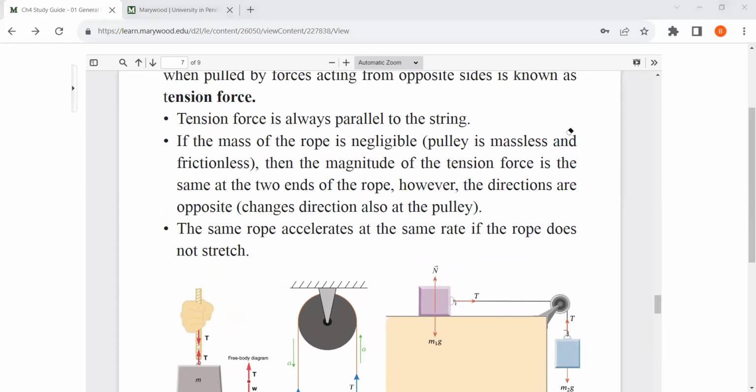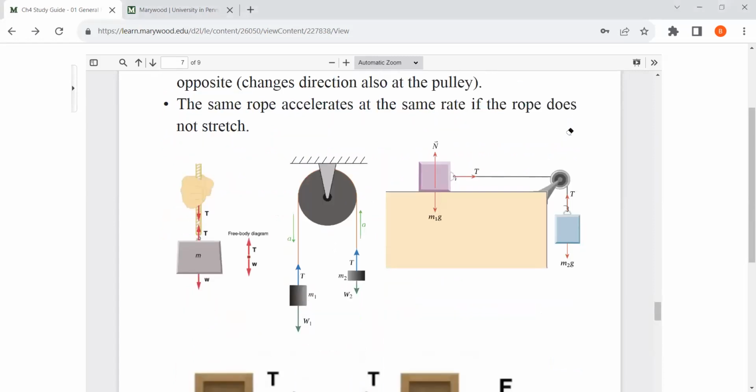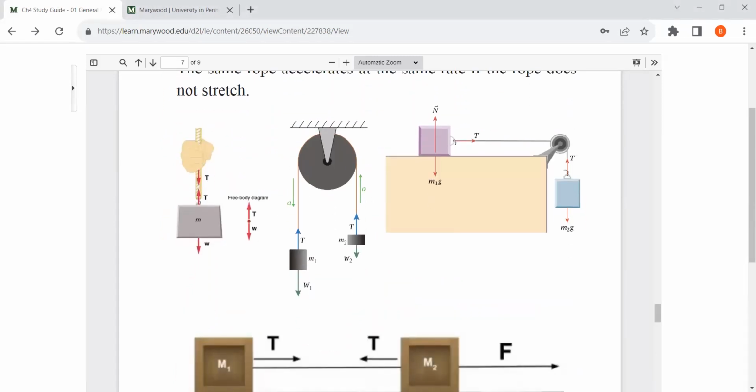If you look at all these examples, you see that it is parallel to the string, every time. So the tension force is always parallel to the string.